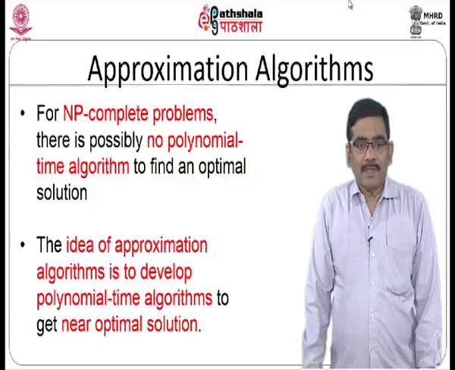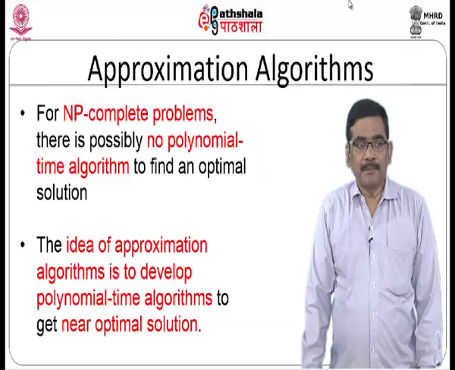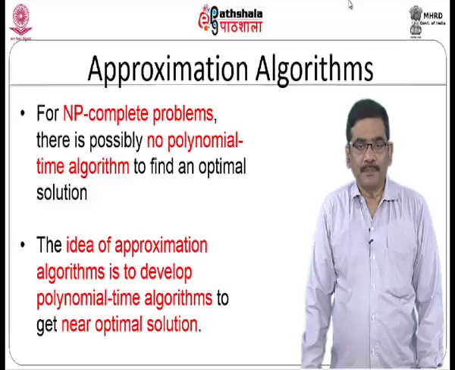What is an approximation algorithm? You can recollect that last module we introduced these principles. For NP complete problems there is possibly no polynomial algorithm to find the optimal solution. We discussed lots of problems like the traveling salesman, Hamiltonian problem, knapsack problem, and the sum of subset problem in earlier modules.